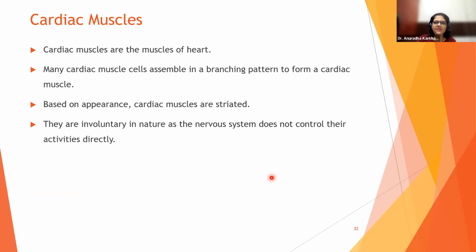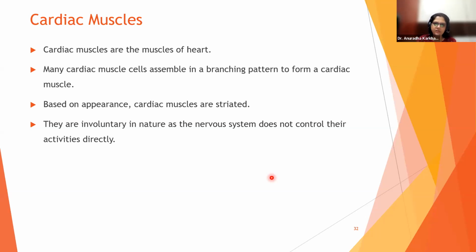Then we have got the cardiac muscles. Cardiac muscles are the muscles of the heart. Many cardiac muscle cells assemble in a branching pattern to form a cardiac muscle. Based on appearance, cardiac muscle is striated. They are involuntary in nature, as the nervous system does not control their activities directly. So they are showing some properties of voluntary muscles, some properties of involuntary muscles, some of your skeletal muscles, some of your visceral muscles.